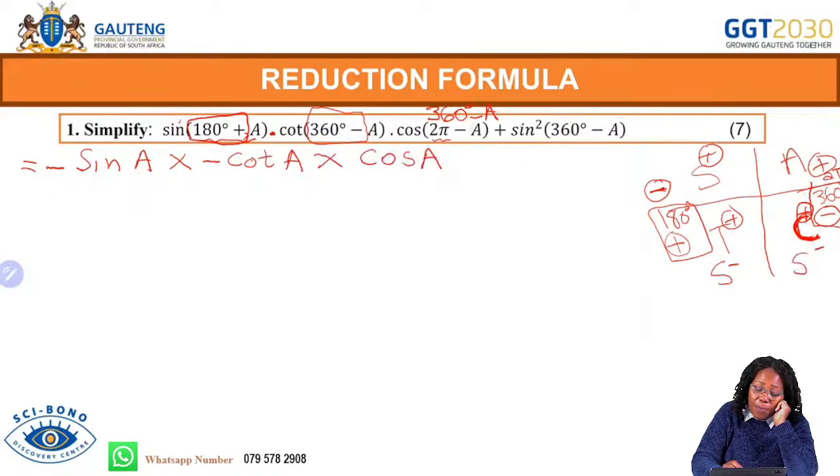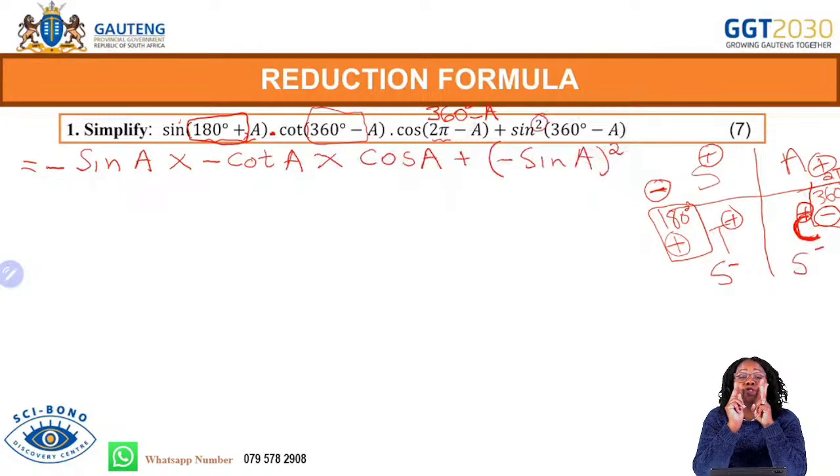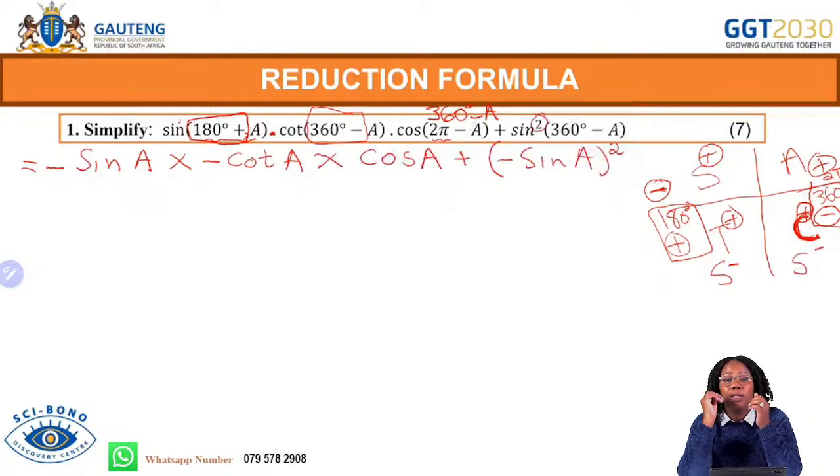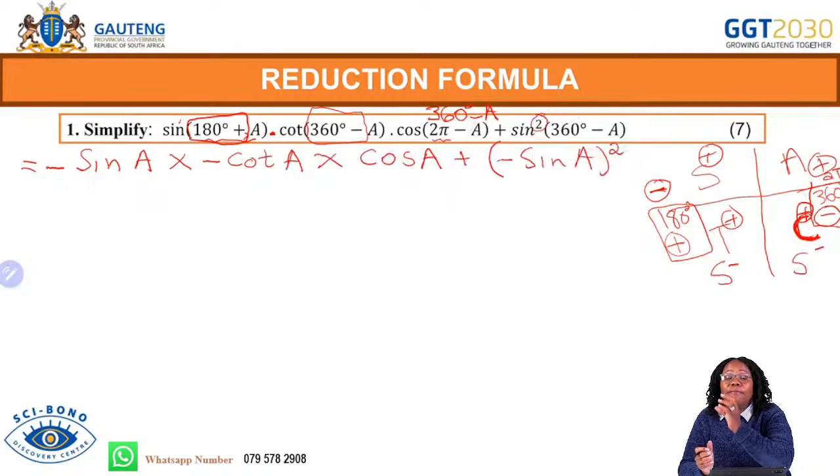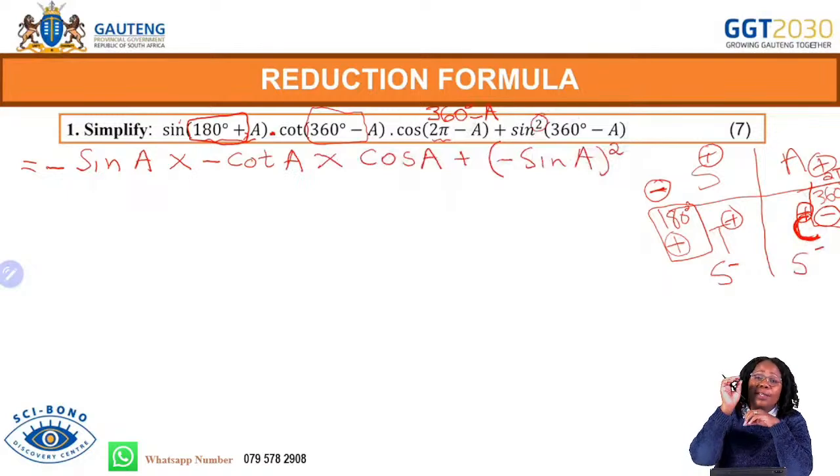That means now we will be having a plus, and then we put this in brackets, minus sine A. Why are we putting it in brackets? Because it is squared. It means we are having 2 minus sine A's. We have tested 1 in 360 minus quadrant and found that a single sine is negative. But in this case, it has exponent 2.